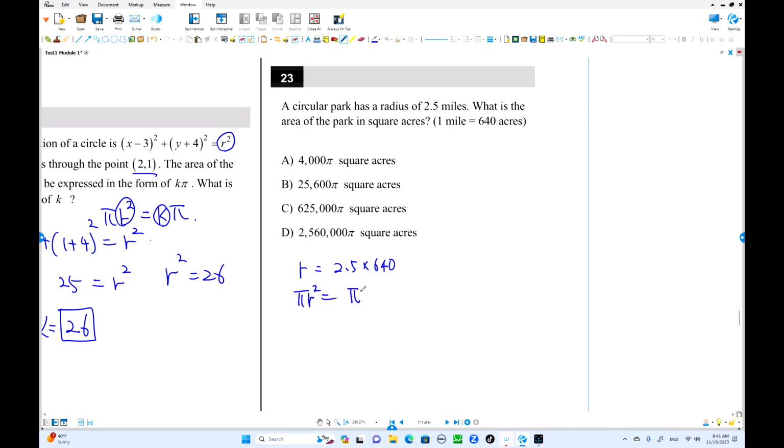So pi times 2.5 times 640 squared, okay? So we have to use a calculator. Let me see. 2.5 squared is what? 6.25, and this something like 36. Okay, we're going to use the calculator. 2.5 times 640 and squares.